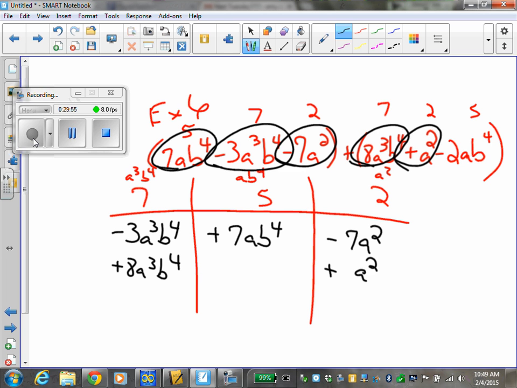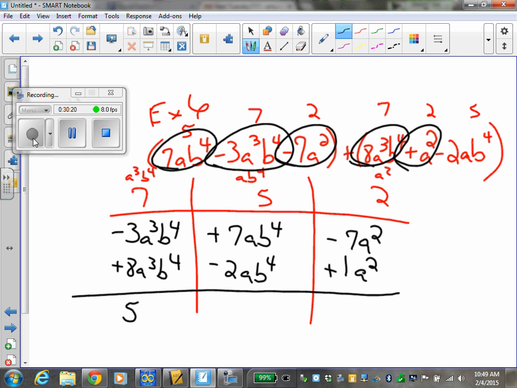People don't put this, and then what do they put for their answer? They put just negative 7a squared. Does that make sense? They forget to add the 1 to it. Okay? And then we've got negative 2ab to the fourth. So everything is now matching, even though it's double variables. Okay? So what do I get here when I add?